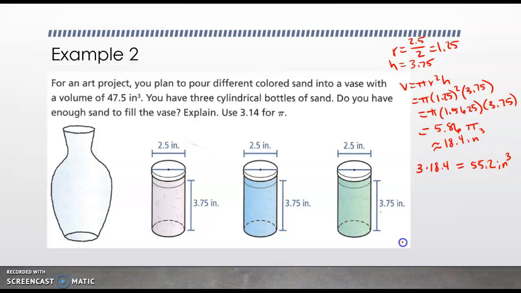Is that enough to fill our vase that has a volume of 47.5 inches? The answer is yes.